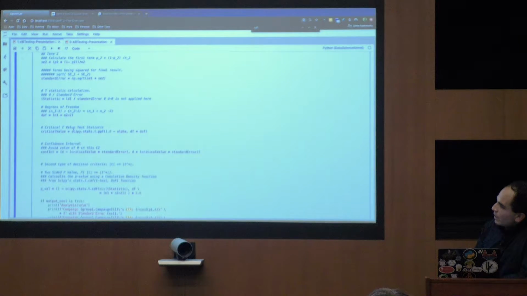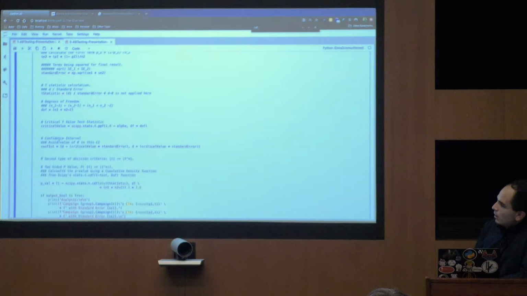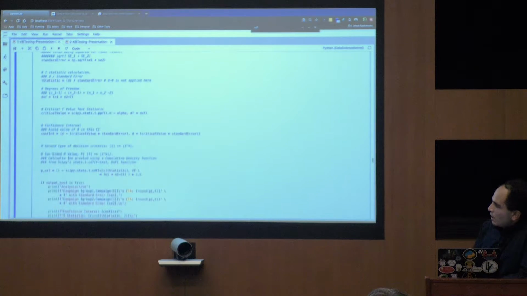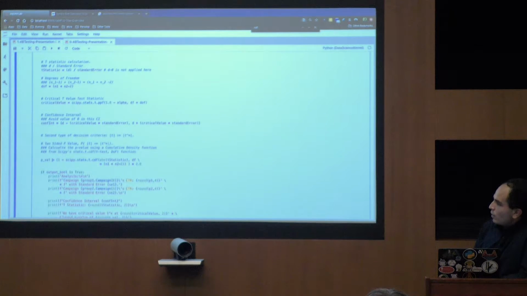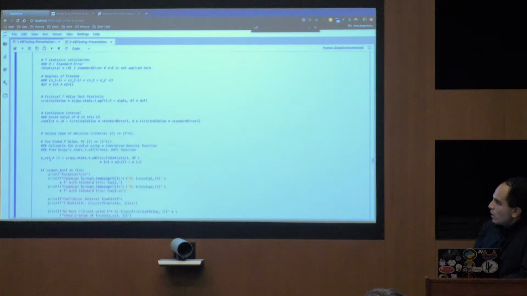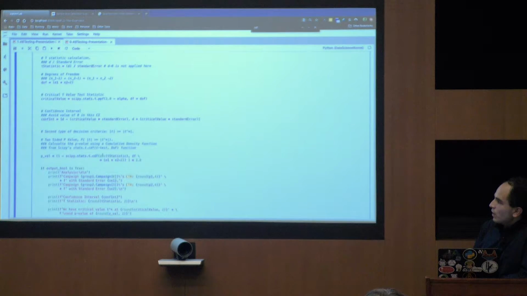And then here we calculate our critical value, respectively a confidence interval, and lastly, we calculate our p-value within this function as well, taking into consideration our calculated test statistic and the degrees of freedom, and multiplying it by 2.